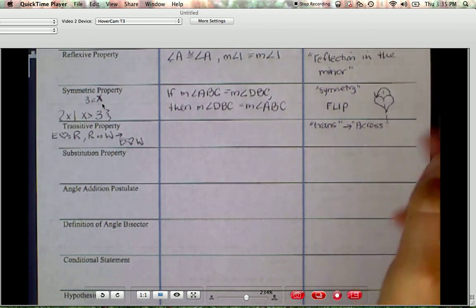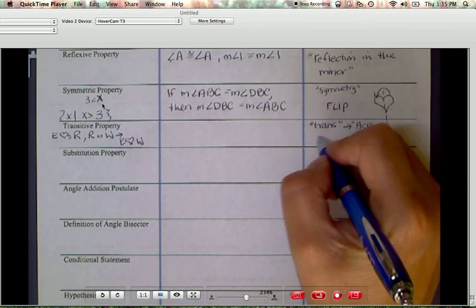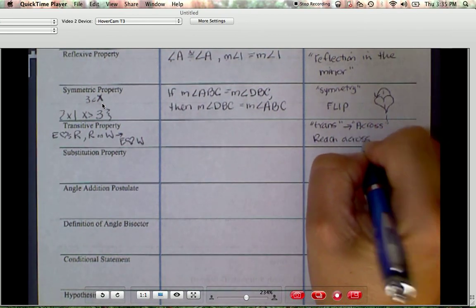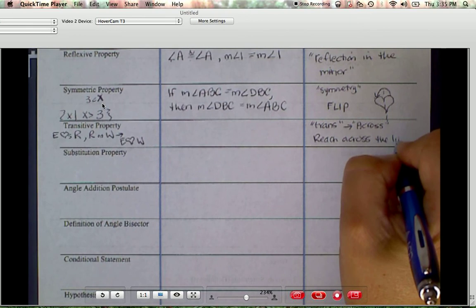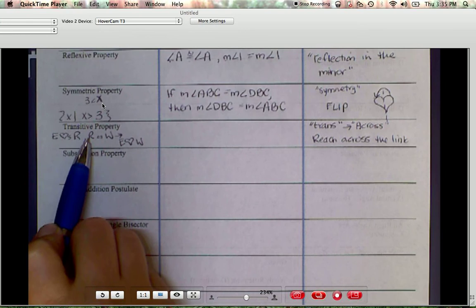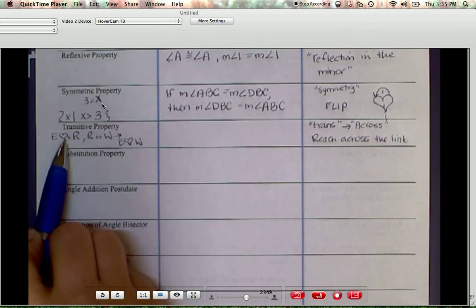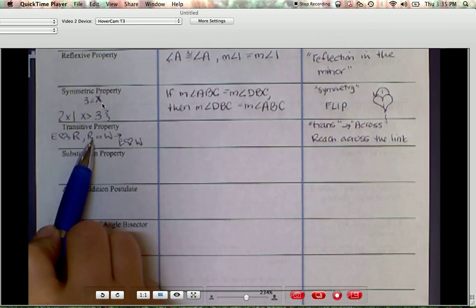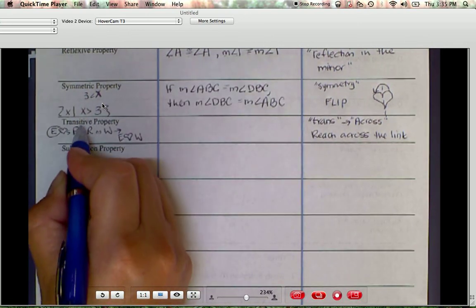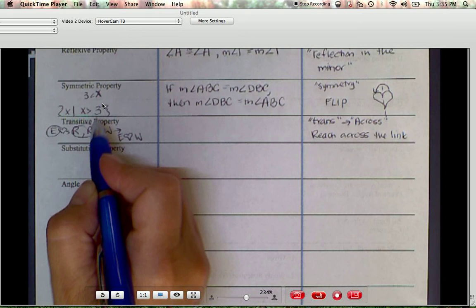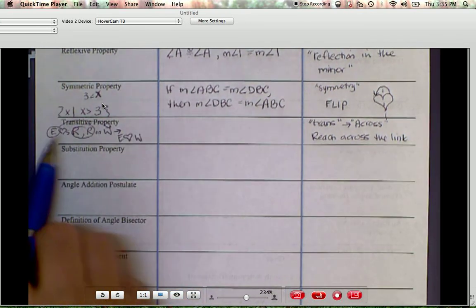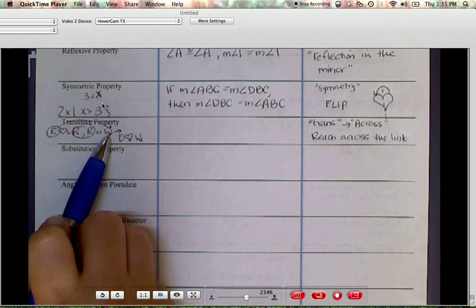So when you think of trans, you want to think of reaching across the link. For instance, if everybody loves Raymond and Raymond is on Wednesday nights, the link between these two statements is Raymond. So what we do is we reach across the link. So these two link the statements together, the Raymonds. You reach across the link, and that's how we can link everybody loving Wednesday nights.